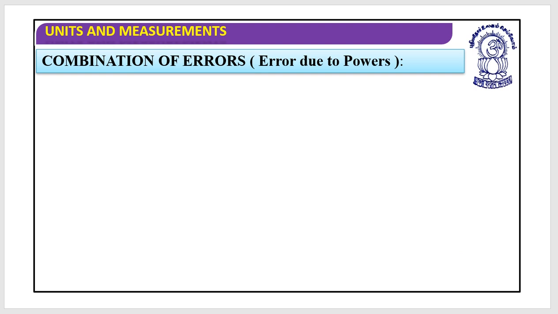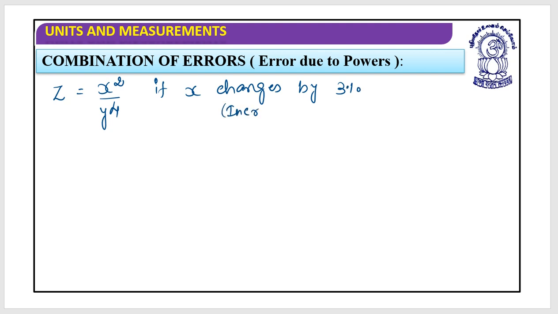Suppose I have been given that z is equal to x square divided by y to the power 4. If x changes by 3 percentage, here it increases, and y decreases by 2 percentage.